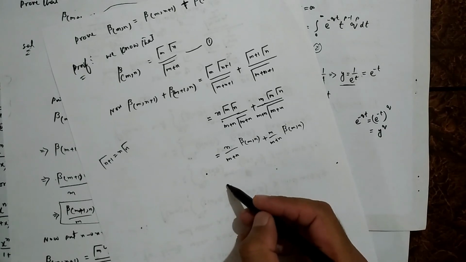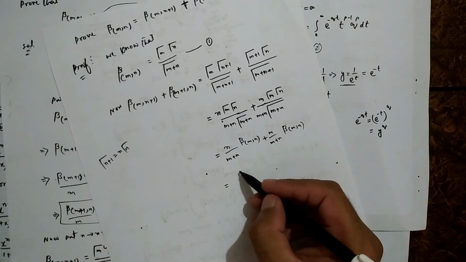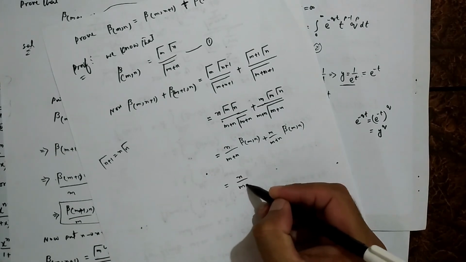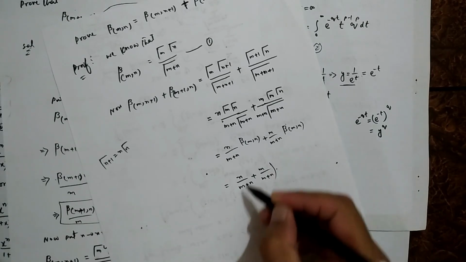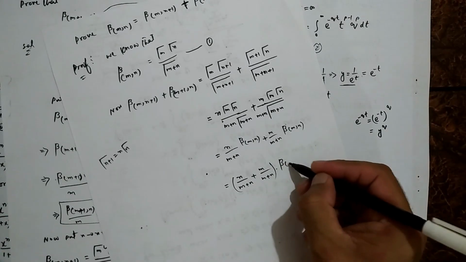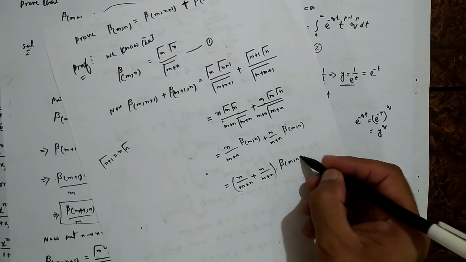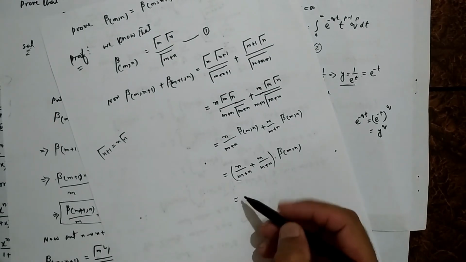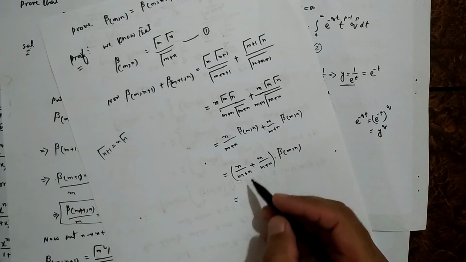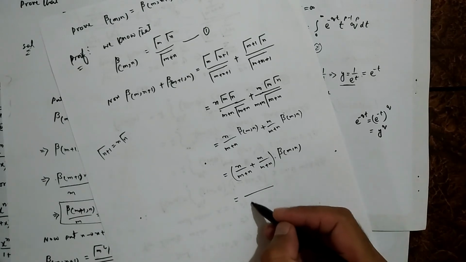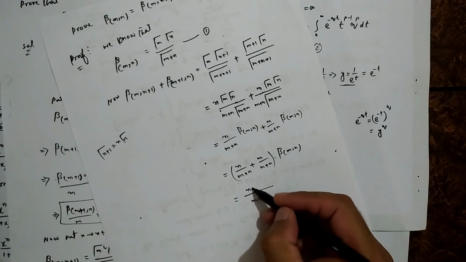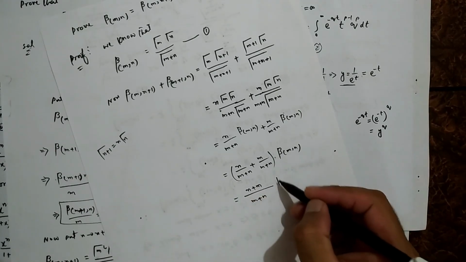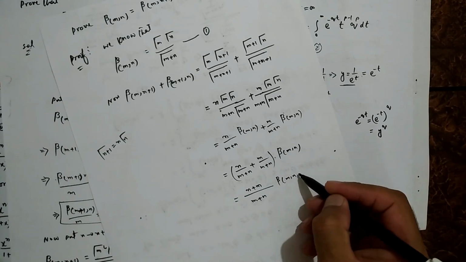So this will be equal to n upon m plus n plus m upon m plus n times beta (m, n), or we will have m plus n in the denominator, so it will be (n+m) times beta (m, n) upon (m+n).